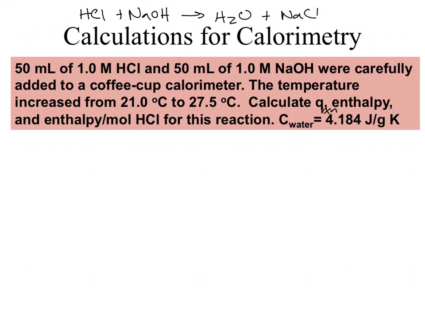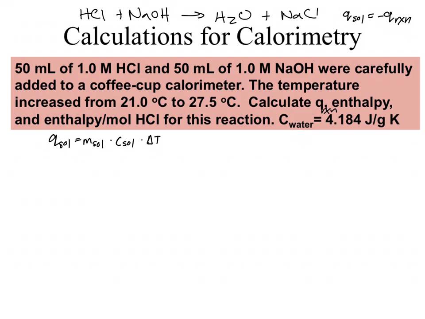And because this is a calorimetry problem, we're going to look at the Q of the solution directly so that we can indirectly measure our Q of reaction. Now, there are a few assumptions we're making here, just like in other problems.